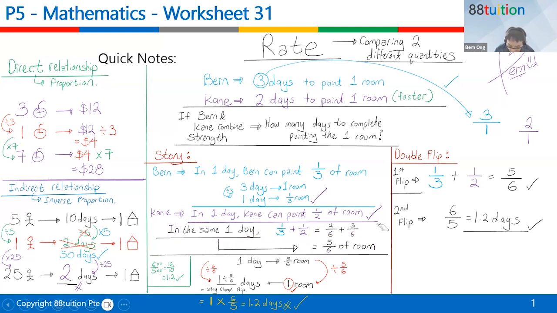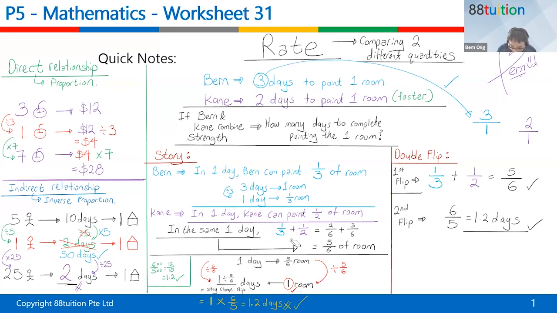So this is the first flip. 1/3 plus half is 5/6. The question is asking how many days to complete, not how many rooms I can complete in 1 day. It's how many days to complete the 1 room. In 1 day, I can complete 5/6 room, but for 1 room, what do I do?